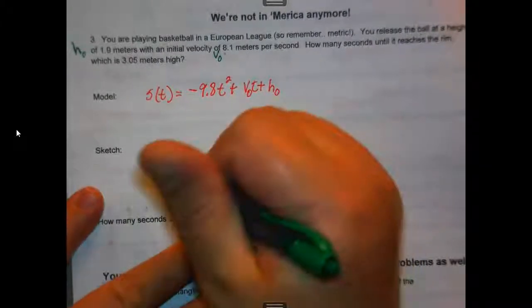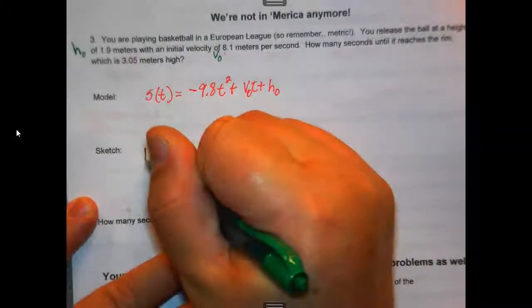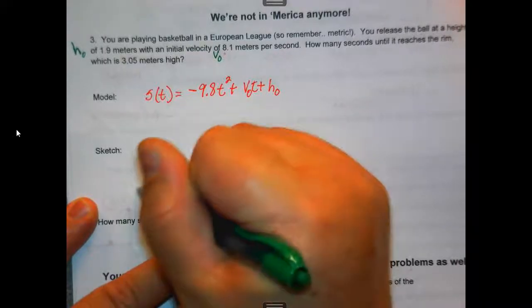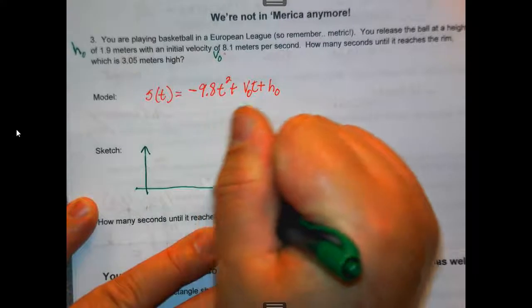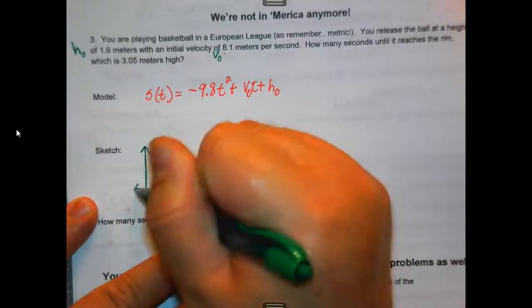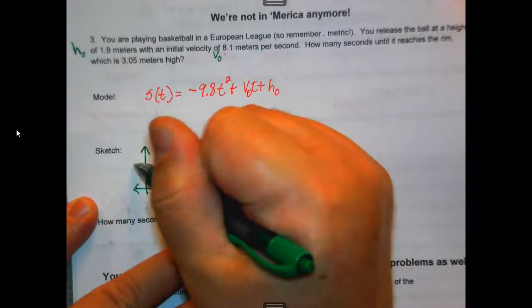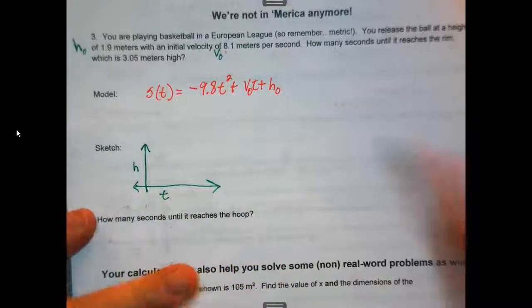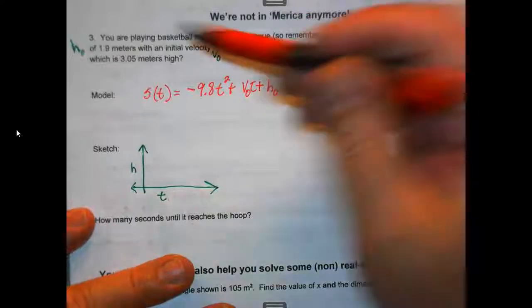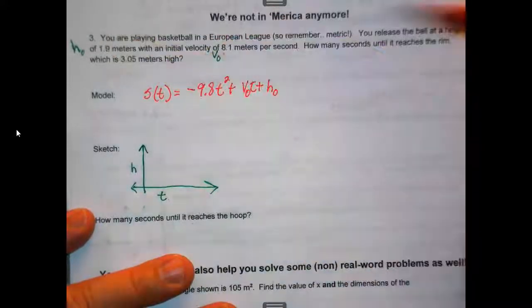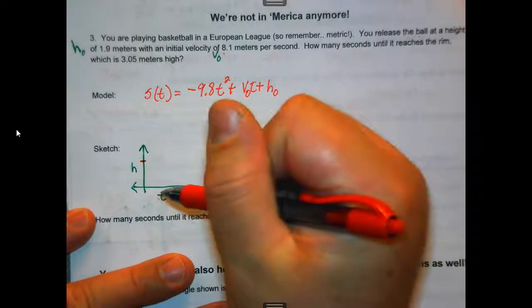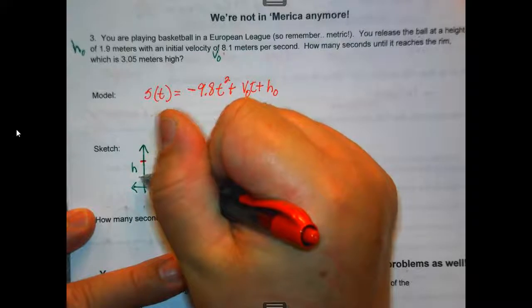Yeah, let's sketch it and figure this out. Okay, so here, this is my height. This is my time. So let's see, initial height at a height of 1.9 meters. Well, maybe it's more like this.